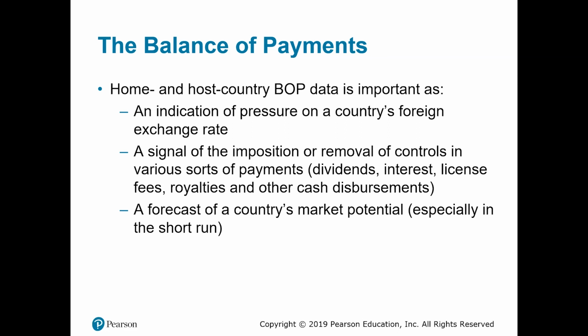So, for example, you want to forecast the price of US dollar in Australian dollar. If you closely look at the balance of payment statistics of Australia and the USA, you will have a good idea about how the exchange rate is going to move in the near future, at least in the short term.